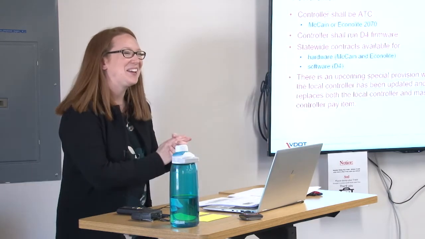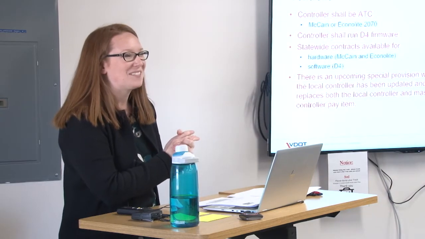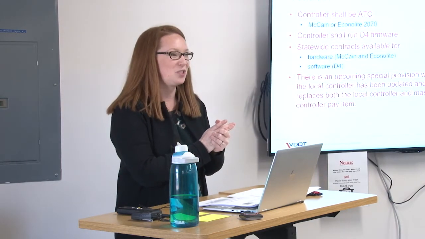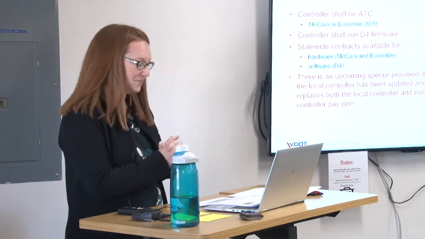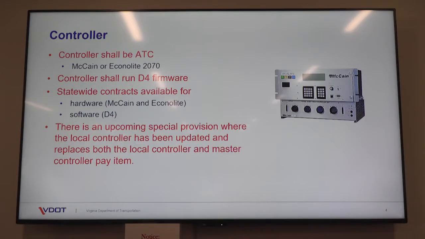Okay, so we're gonna start with the brains of the operation, the traffic signal controller cabinet. Right now, VDOT is really working towards statewide consistency for the traffic signal controllers. And what does that mean? Right now, there's statewide contracts for the controllers. Those are McCain and Econolite.